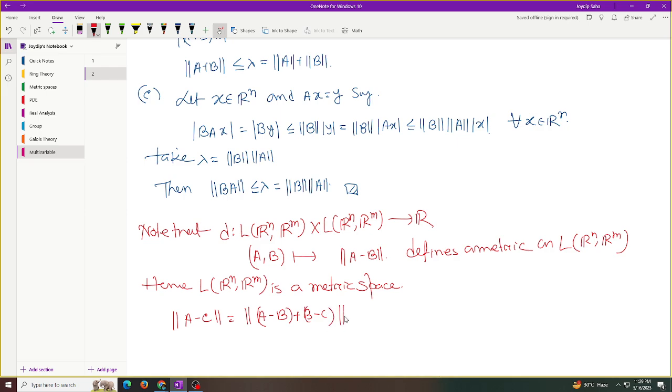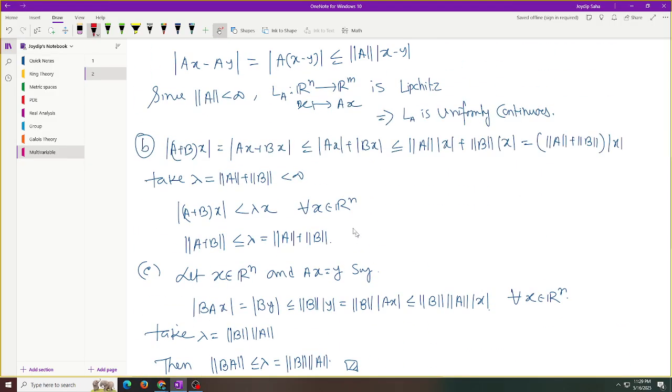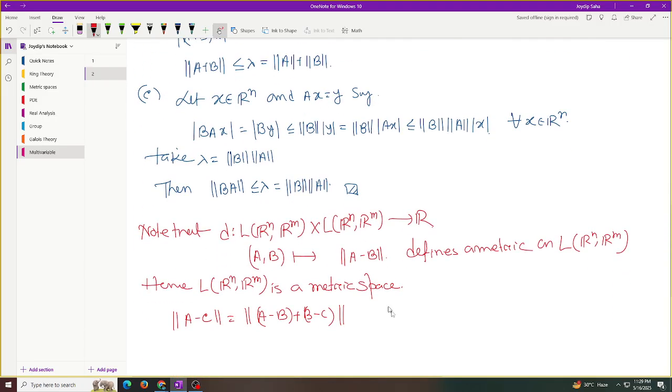So use this: norm (A plus B) is less than or equal to norm A plus norm B, so I can find this is the triangle inequality.